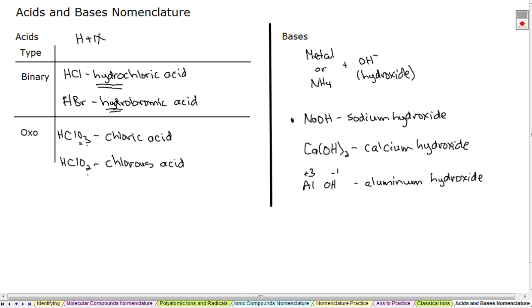And so we would go back and we would cross our charges down. And what's really important to remember is this unit, OH, needs its one complete unit. So we put brackets around it because we need more than one unit. So it would be Al(OH)3. And that's what aluminum hydroxide looks like.